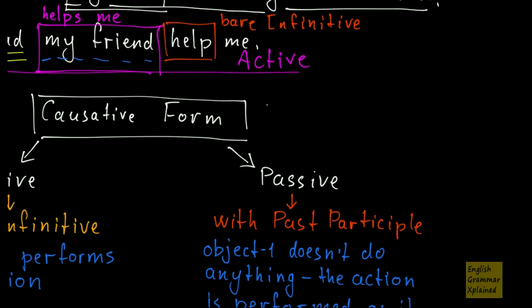So, in causative form, we have a subject, and then we have the main verb. But we cannot have any main verb we like. We can only have basically two main verbs, have or get. That's it. And then we can have our object number 1.